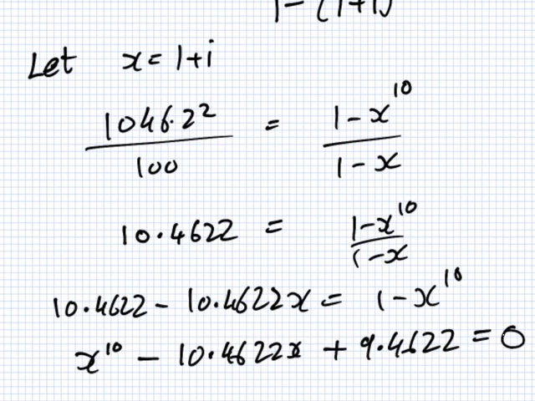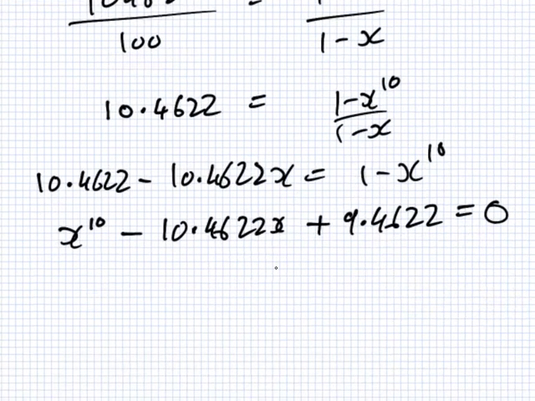Now, we need to check where the answer might be. If I was to put in a number like 1, I'll get 1 minus 10.5 plus 9.5. What happens here? 0.